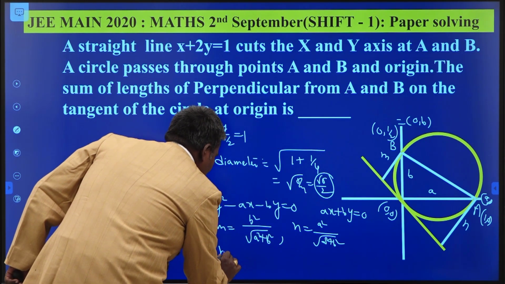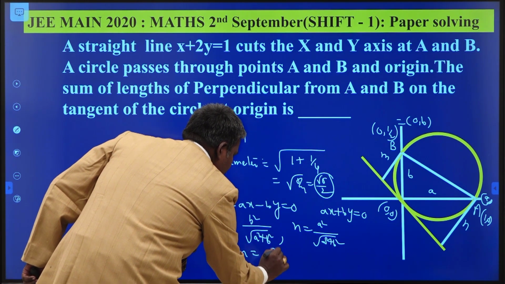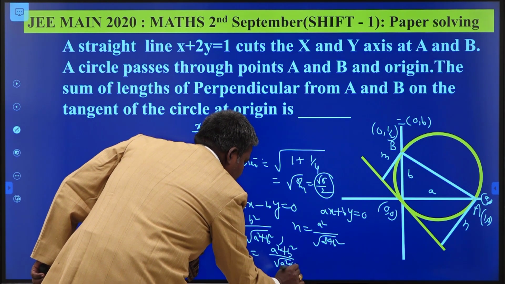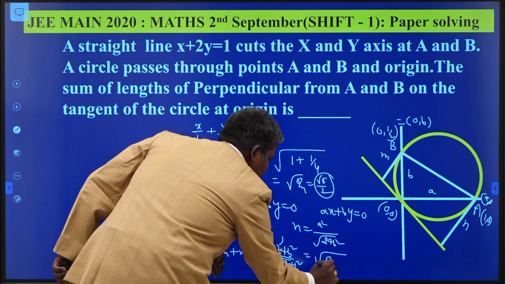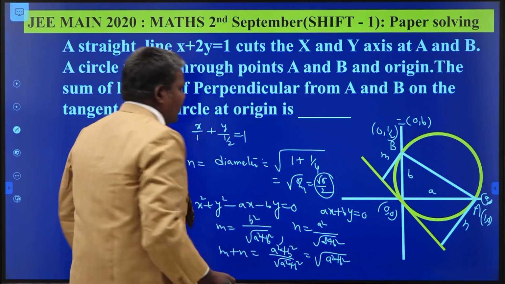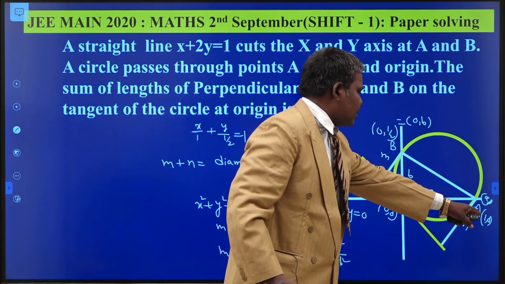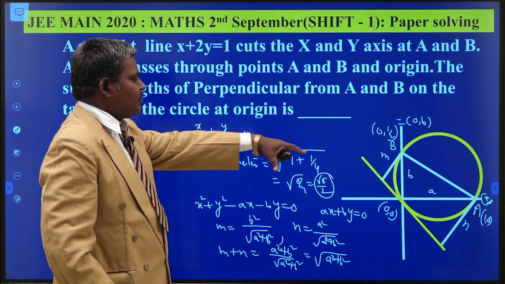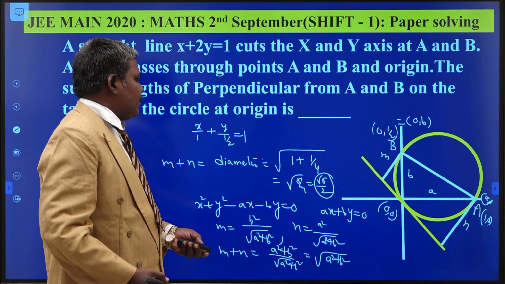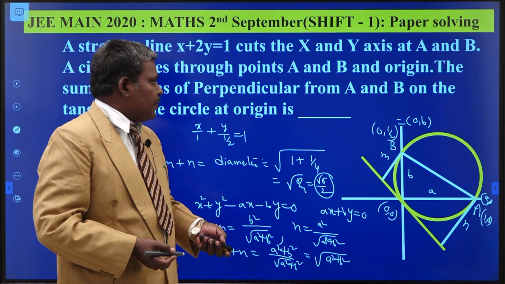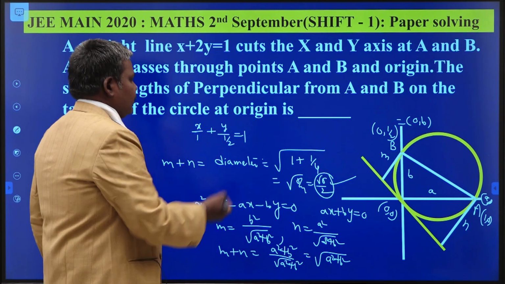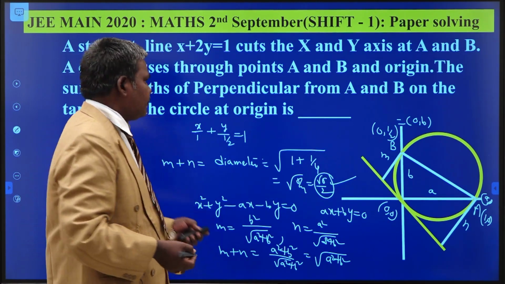By adding these two, we get m plus n equals a square plus b square by root of a square plus b square. This is nothing but root of a square plus b square. What is root of a square plus b square? The distance from (a, 0) to (0, b), that is the length of the diameter. So the sum of the perpendicular distances is equal to the length of the diameter. Once you get the concept itself, you can easily write the answer within a fraction of a second. Okay.